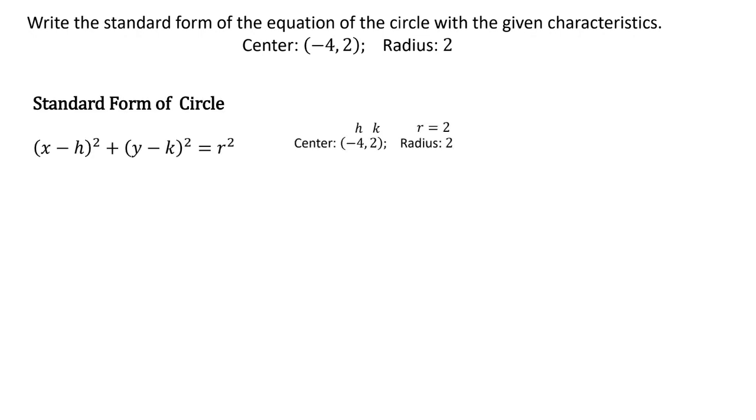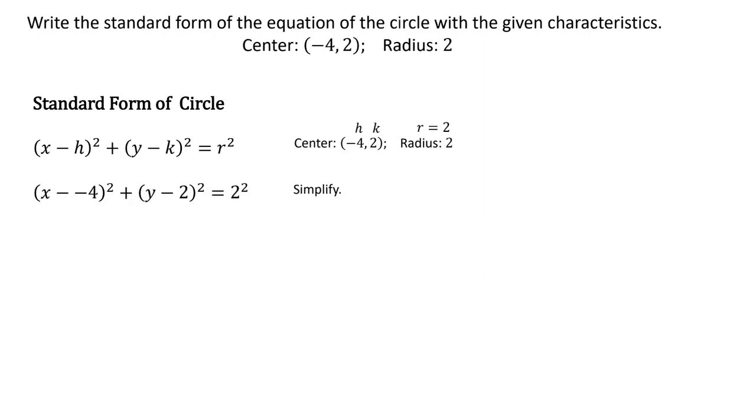The standard form of a circle is given by this equation: (x minus h) squared plus (y minus k) squared is equal to r squared, where h and k are the center point and r is our radius. They are giving us the center, so h is -4, k is 2, and my radius is 2. All we need to do is plug it into this formula and simplify.